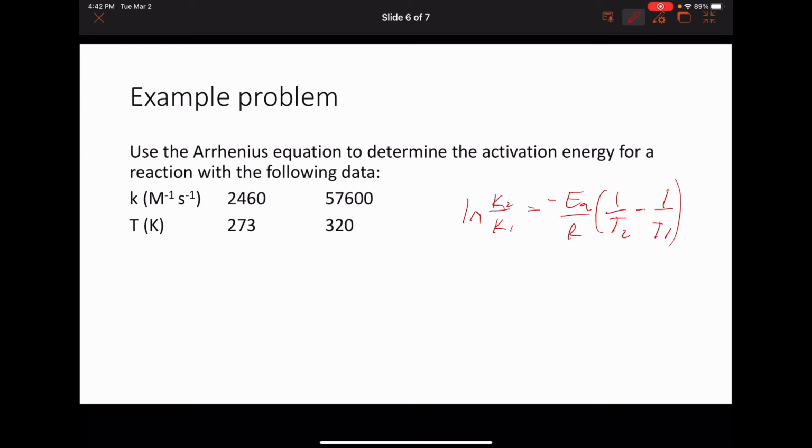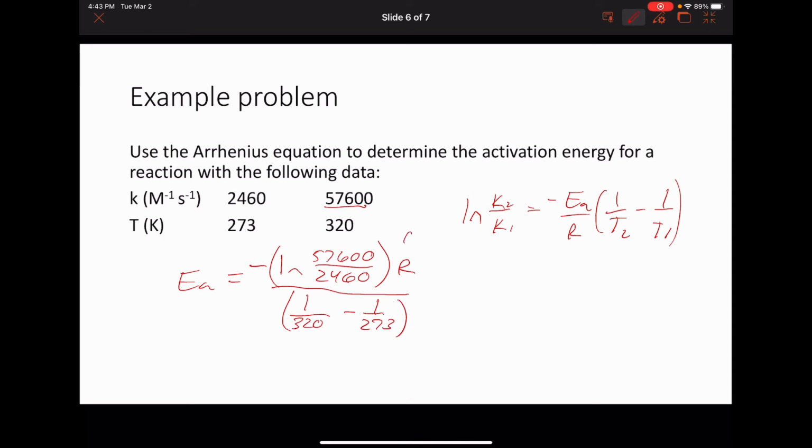So that means our activation energy is simply minus, and I'm going to substitute in our values: the natural log of 2, which is 57,600 over 2460, times R, divided by 1 over 320 minus 1 over 273.